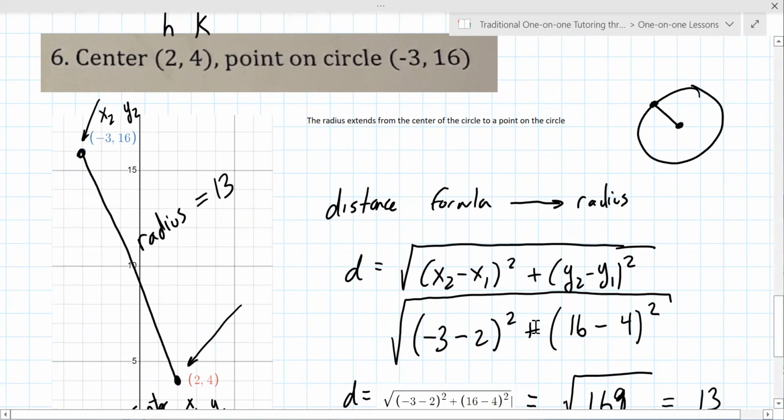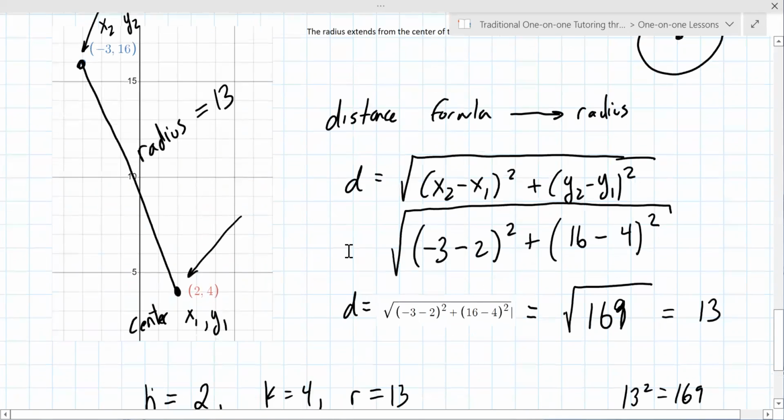I thought you were writing this down as we were working on it. You have the distance formula written down here, and then the second line with the numbers substituted in.